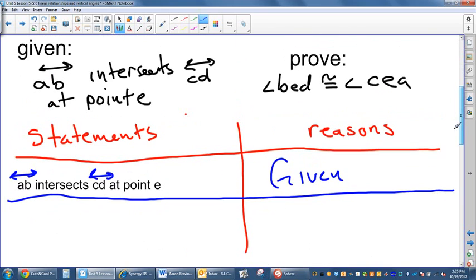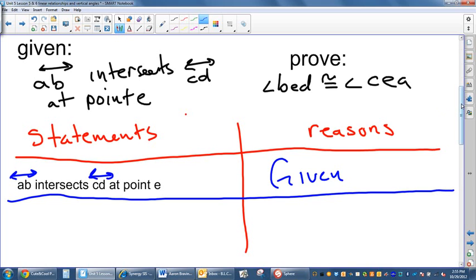From this point on, what we're trying to do is present an argument where we prove that angle BED is congruent to angle CEA. So one thing that we can do early on is we need to introduce one of those angles. That's always a good place to start.